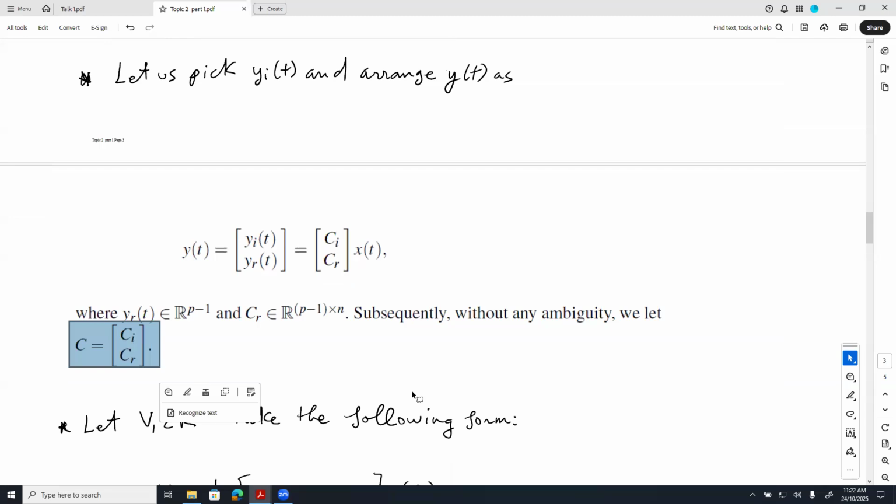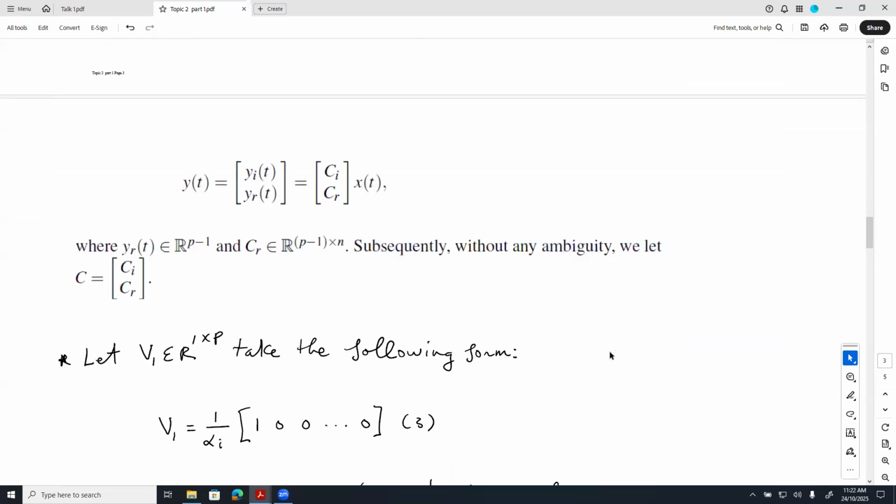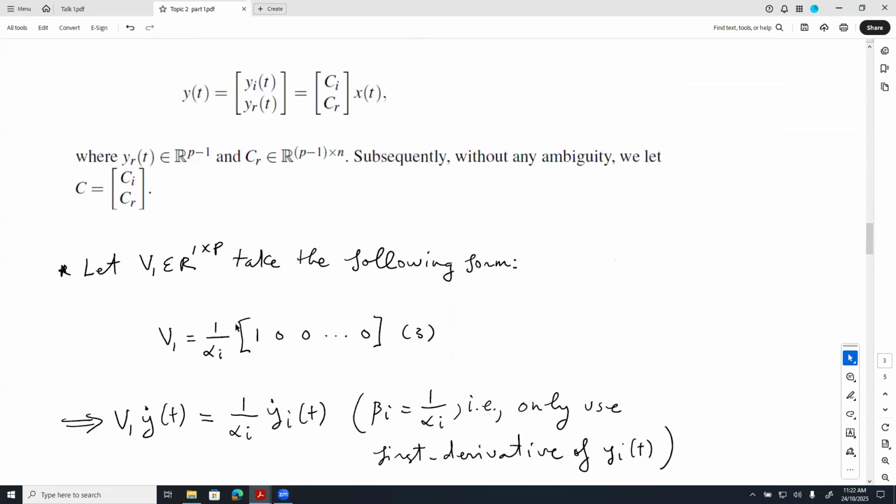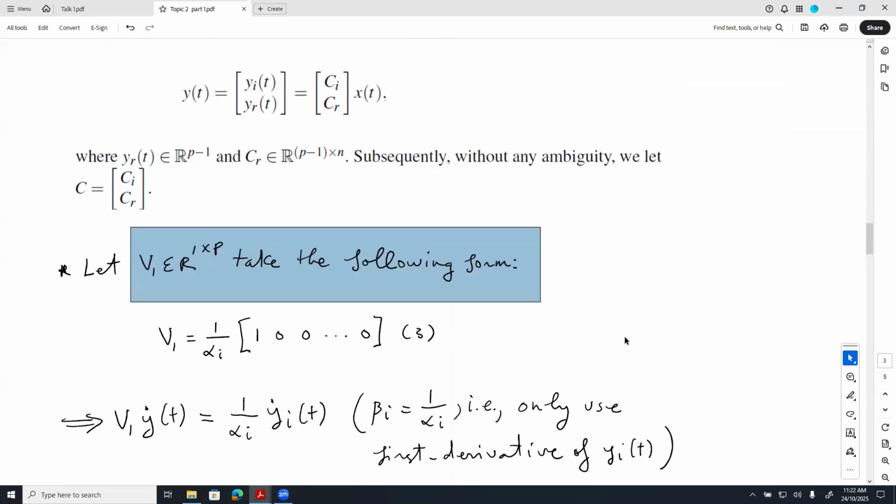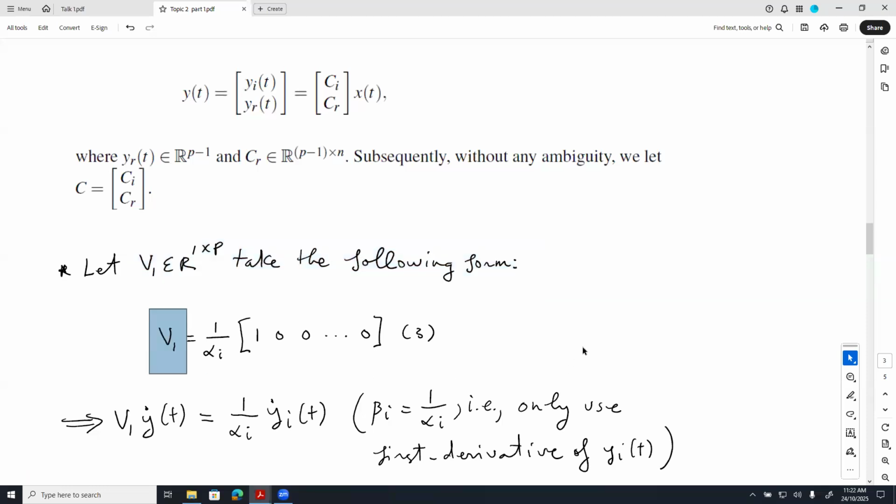All right. So the next thing we do is impose the following structure. Now, this is a very important bit. We're going to impose a structure on the row matrix V1.